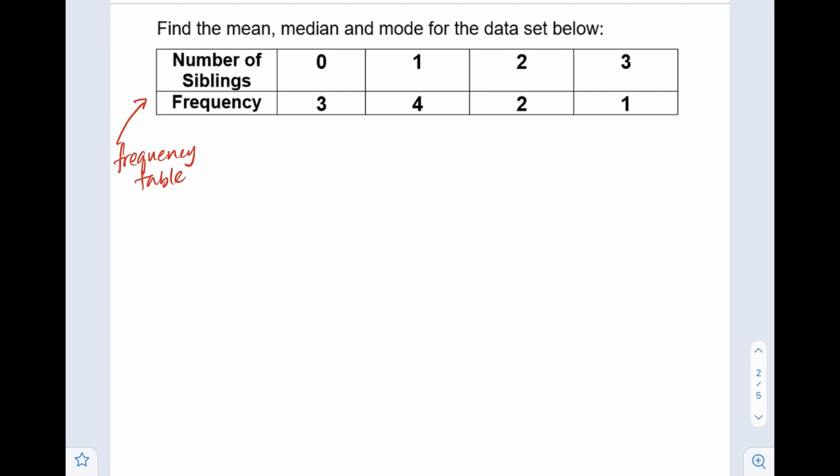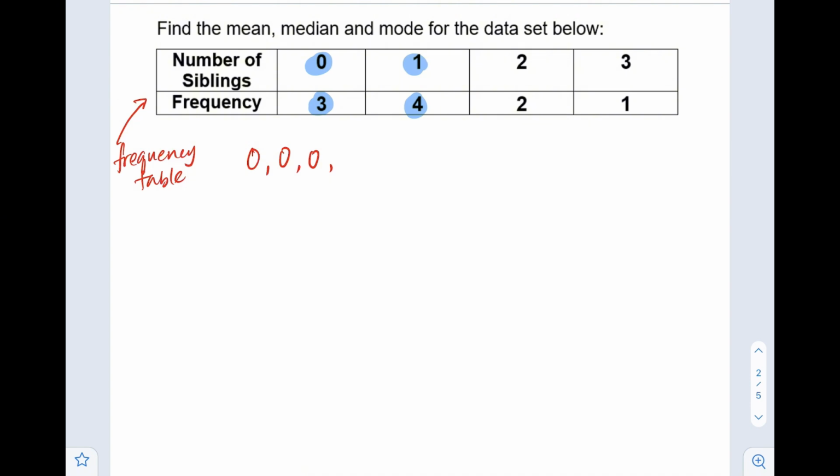First we need to understand what this frequency table is trying to tell us. This frequency table is about the number of siblings that some people have. So here, 3 means that there are 3 people with 0 siblings. So they are the only child. In other words, the data set will look like this: 0, 0, 0, 3 of them, followed by 4 people who have only 1 sibling.